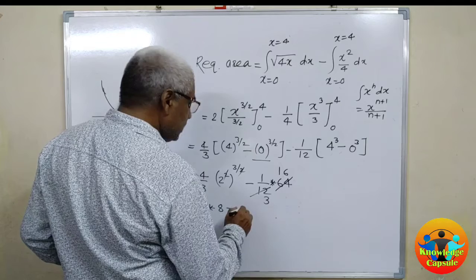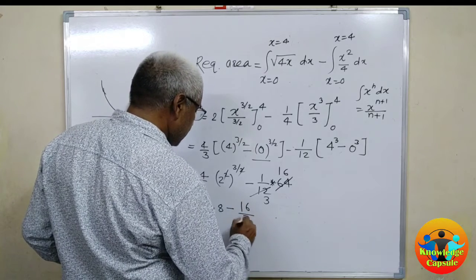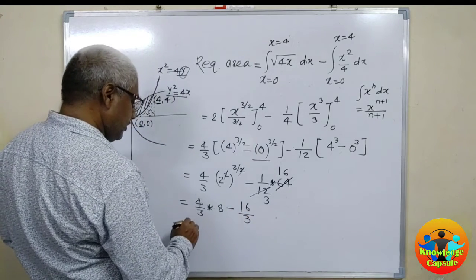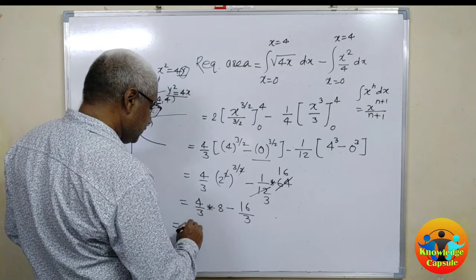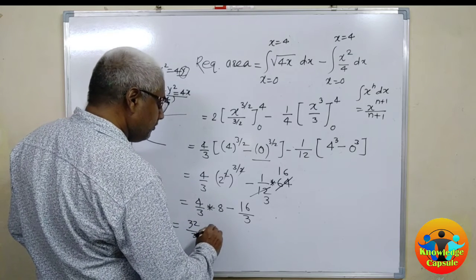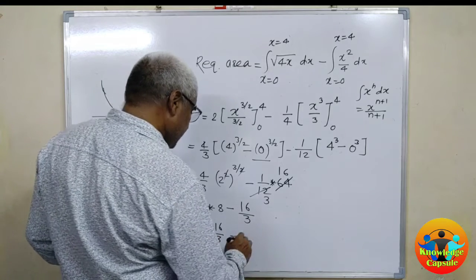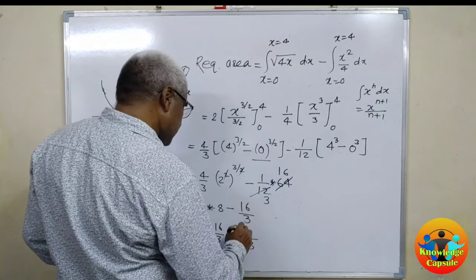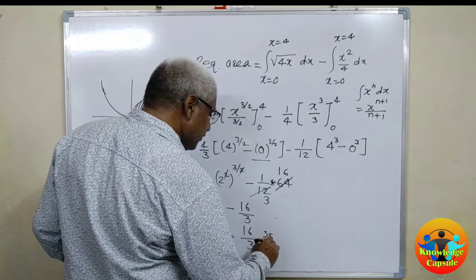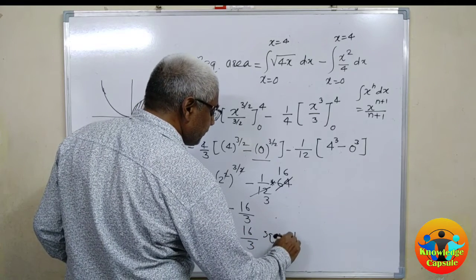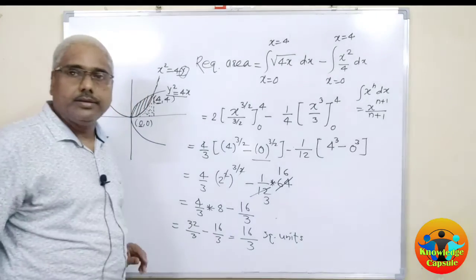Here what we get 16 by 3, 4 8s are 32 upon 3 minus 16 by 3. The final answer is 16 by 3 square units. Thank you.